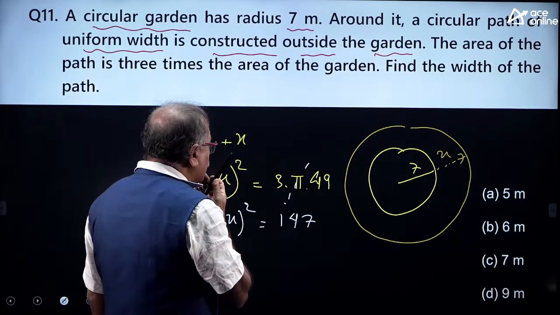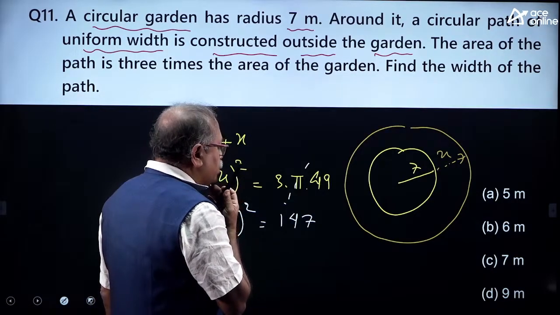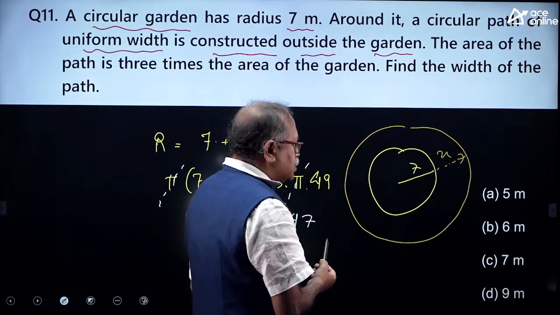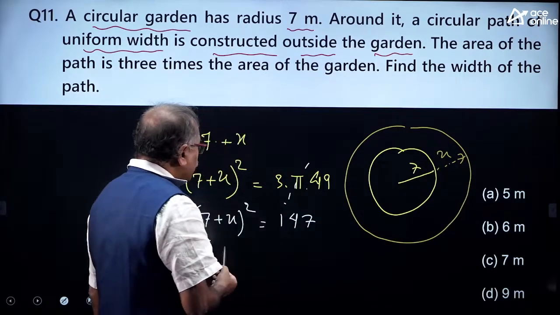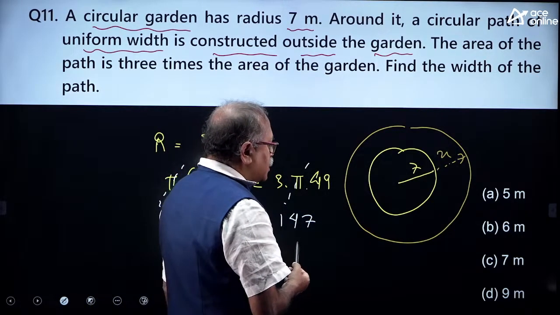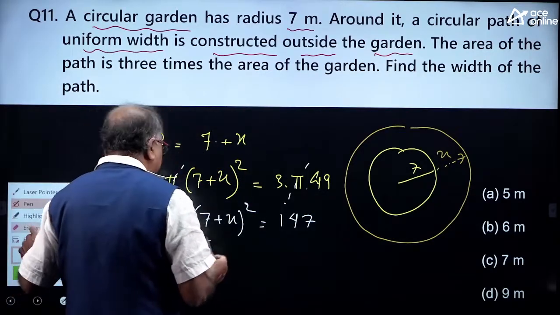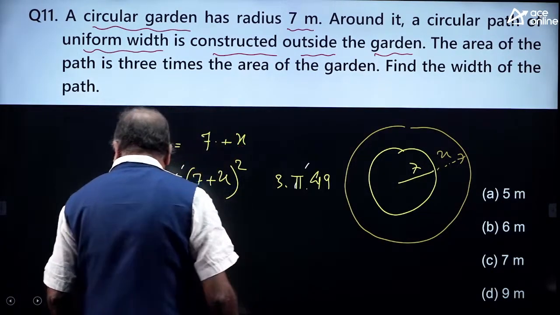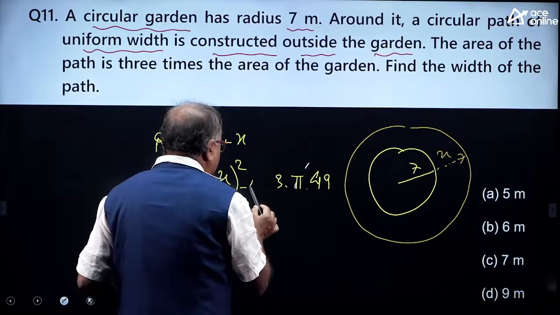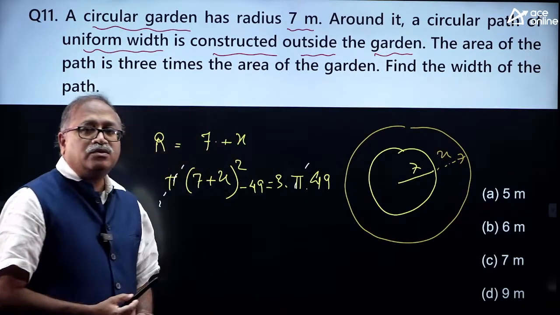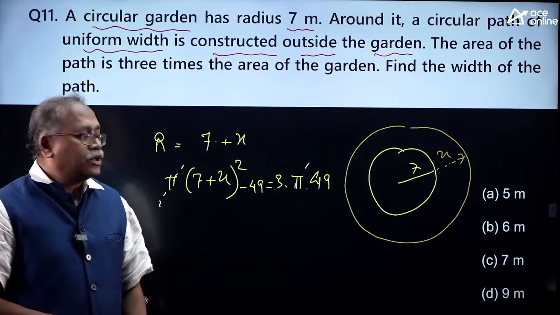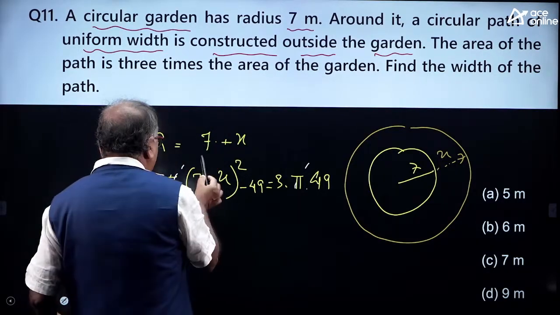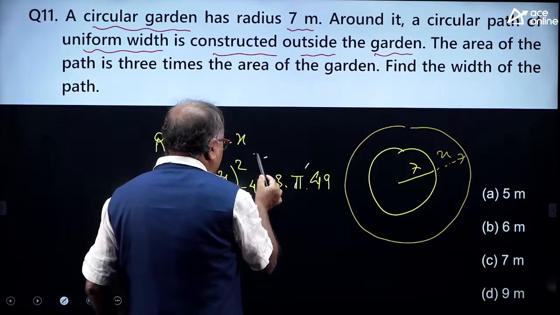I think I am making a mistake here. 3 nines, that comes to 27. Okay. Here I made a small mistake. Let me erase this. Here, minus 49, minus 49, which is equal to 3 pi 49. Now, you understood, I slipped this one, minus 49, and this is the whole part. Let me put up the bracket so that you will have clarity.